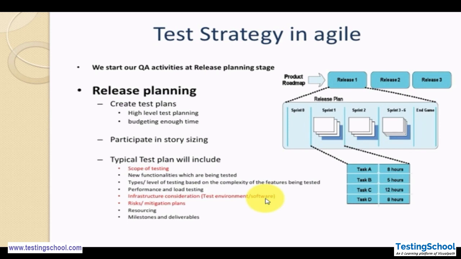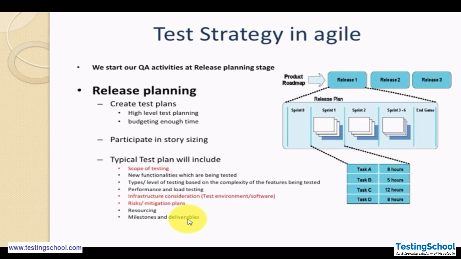It means what we need for our different environments, let's say the testing environment. Then the risk and mitigation plans, like if any issue occurs then how we can mitigate it. Then resourcing, which means how many members will work on these things. Then we have the milestones and deliverables, like on which date we will deliver what.